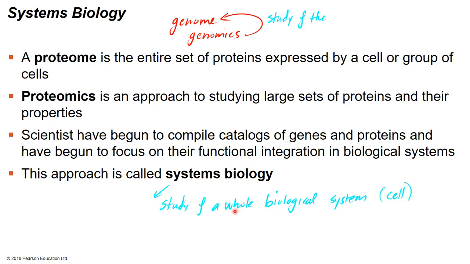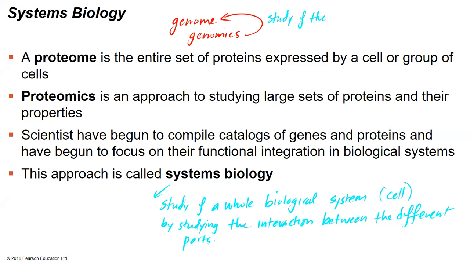So we could study a whole biological system like a cell by studying the interactions between the different parts of the cell. Different parts here could be the genes, could be the proteins, could be something else. Okay.